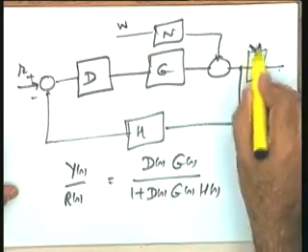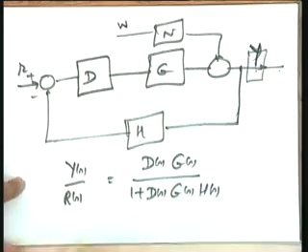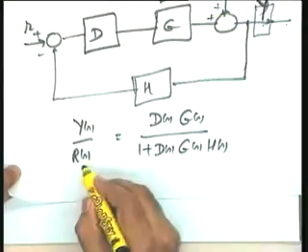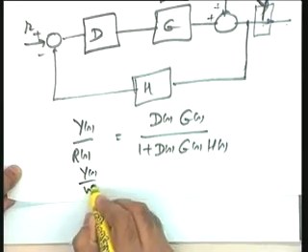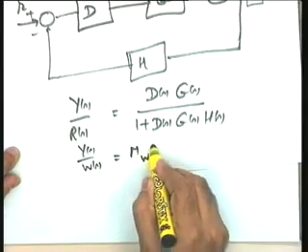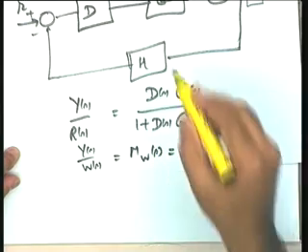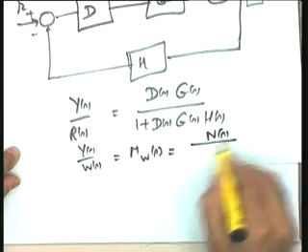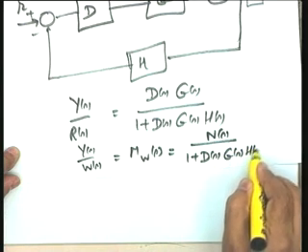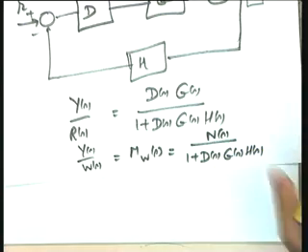Now if you take W versus Y, the output, in that particular case you know that the transfer function is going to be Y(s)/W(s), we have already called it M_W(s), equal to N(s) divided by 1 plus D(s)G(s)H(s). Please see, either you know it or you can derive it.